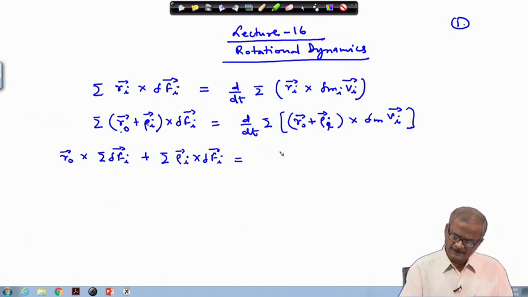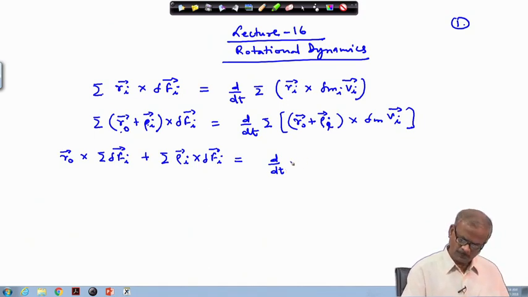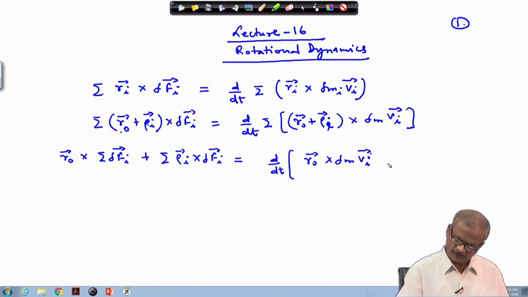On the right hand side, in the same way, we can write this as dy dt, R0 cross delta m v_i, plus a summation sign here.